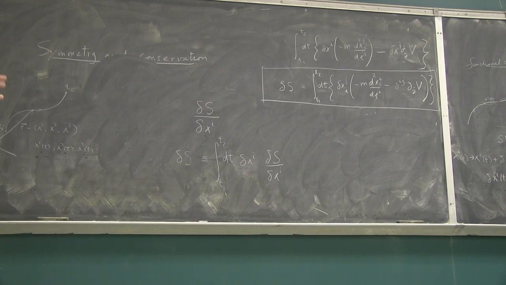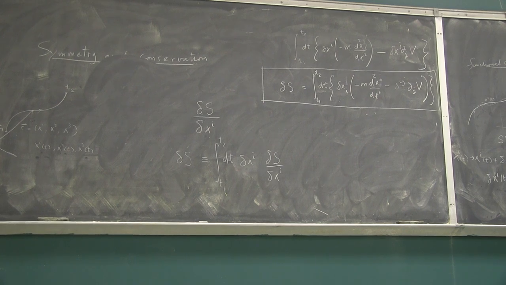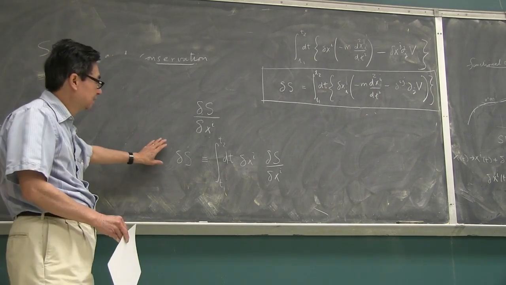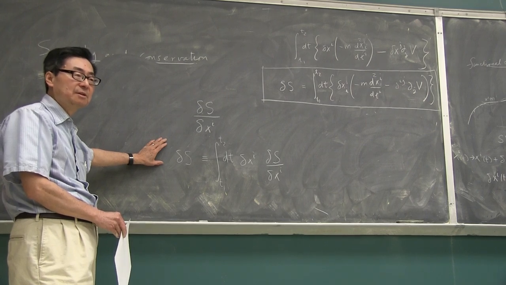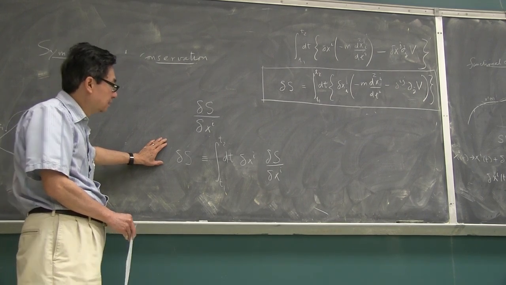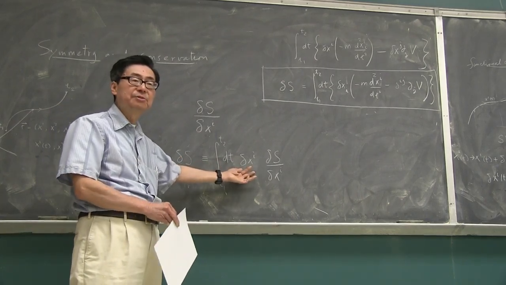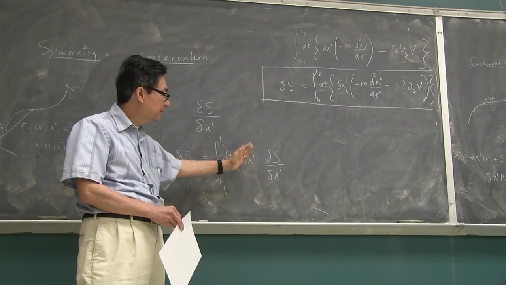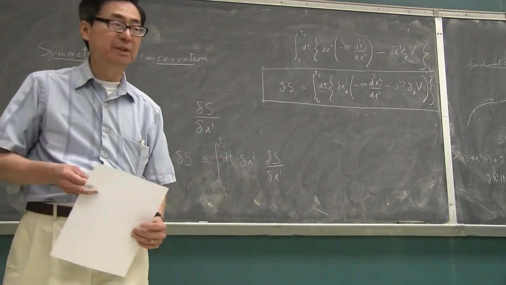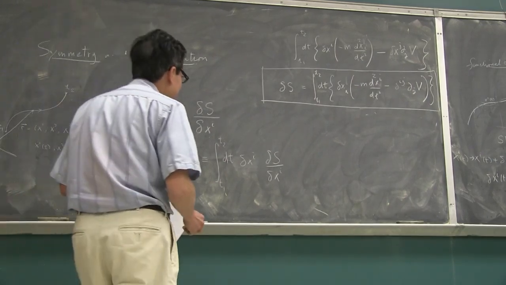Well, let's pause a moment and take a good look at that expression and try to see if you think it makes sense. Okay? All right. The first variation, this is called the first variation, the difference to first order in the variation between the values of the action, classical action, of course has to depend on the variation itself, and the coefficient of that under the integral sign is then defined to be the so-called functional derivative of this functional s.